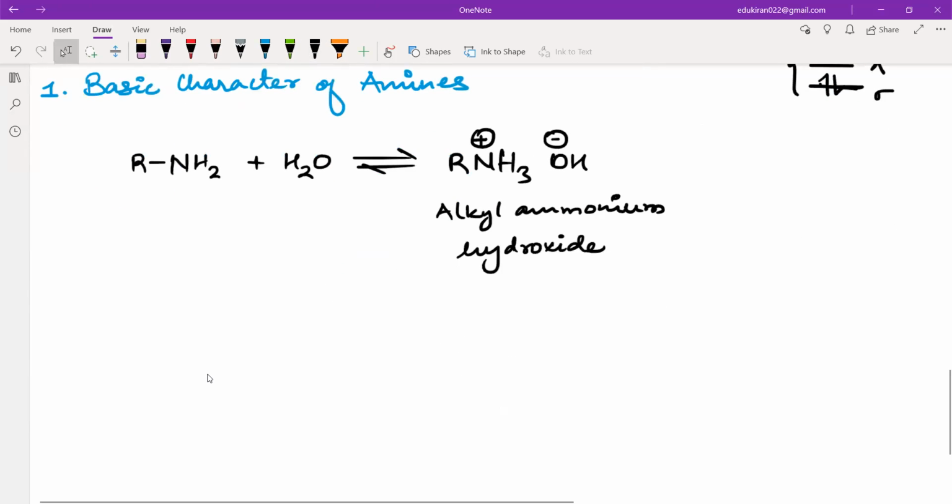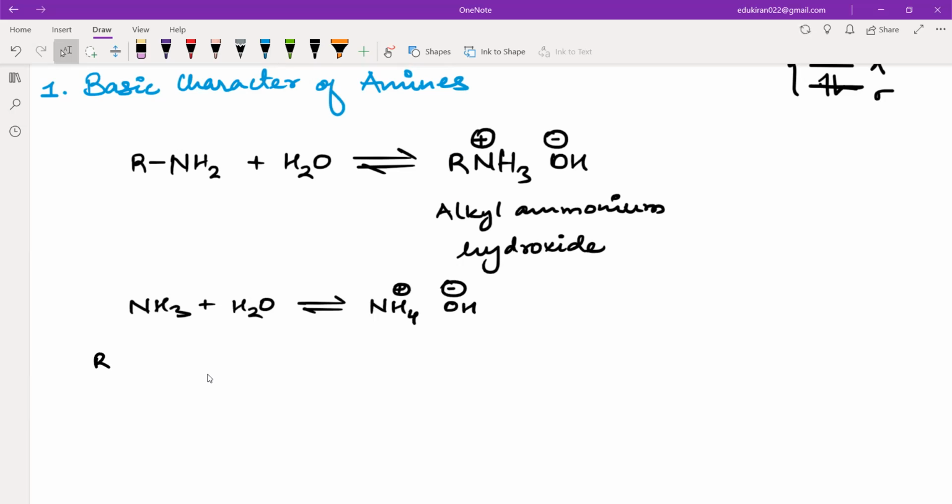If you have NH3 plus H2O, it shows a similar reaction in which you form NH4 positive and OH negative. If you have RNH2 plus H2O, it also forms the same thing: you get RNH3 positive, with the charge on nitrogen, and OH negative.